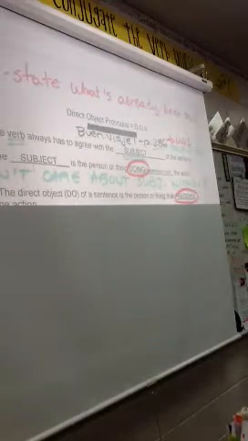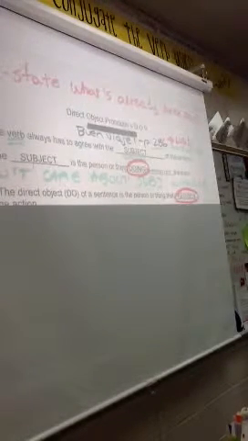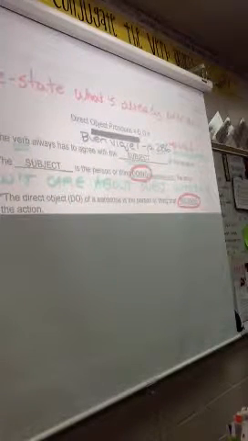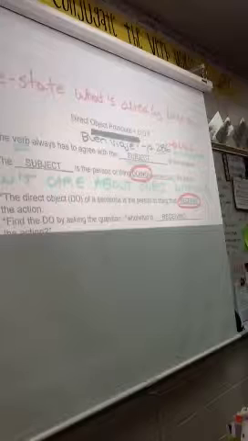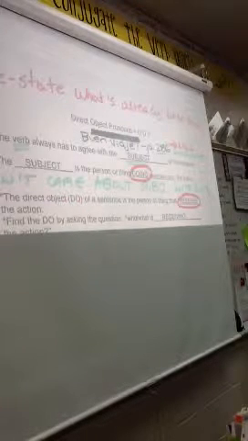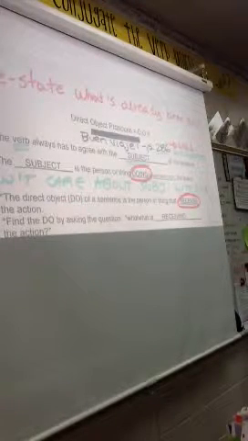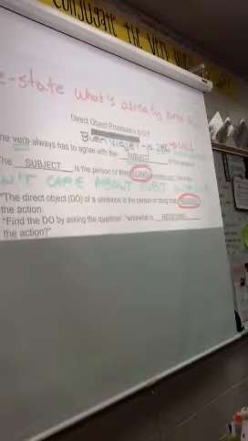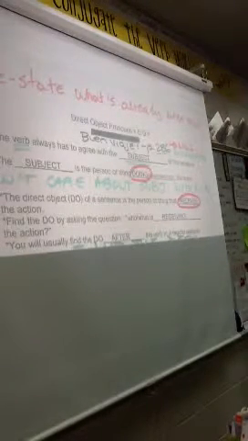It has nothing to do with the direct object pronoun. The direct object of a sentence is the person or thing receiving the action. So you'll always find the object of the sentence by asking the question, who or what is receiving the action? Normally you find that direct object after the verb.